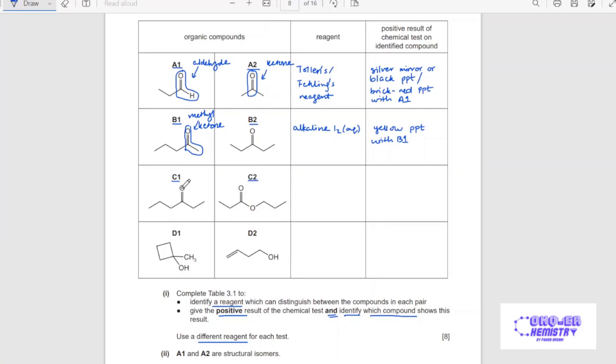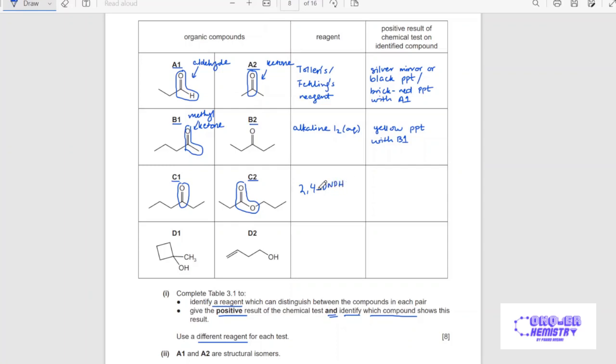C1 and C2, now C1 is a ketone and C2 is an ester. All right. Now, to tell apart a carbonyl compound, which is the ketone, from the ester, you're going to use 2,4-dinitrophenylhydrazine, or you could just write 2,4-DNPH, and that is an acceptable abbreviation.